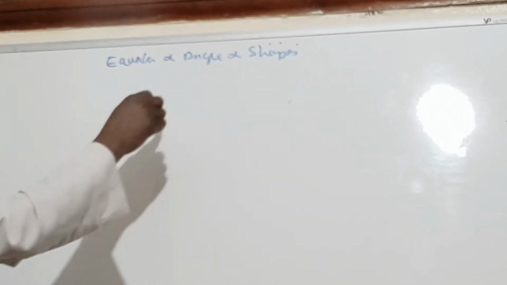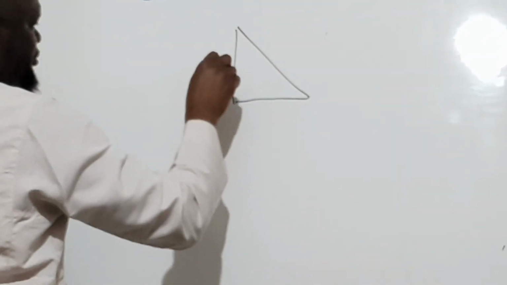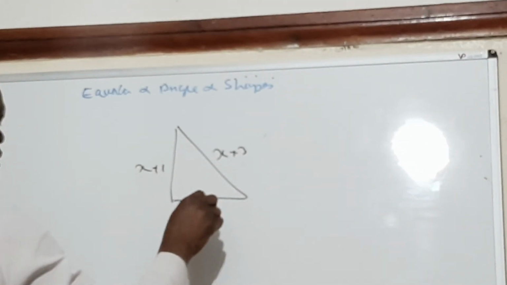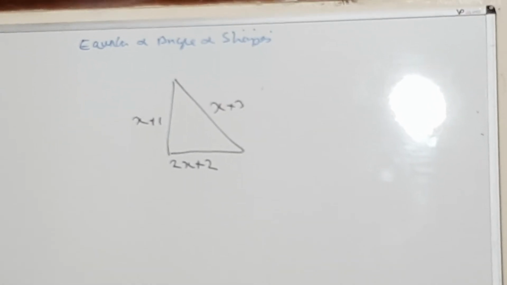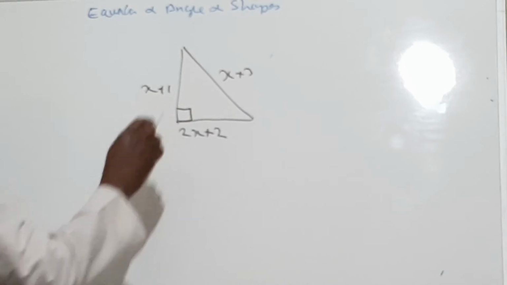Now, you know the question we saw? It says prove that this thing, x plus 1, x plus 3, or x plus 2, 2x plus 6, is a right angle triangle. If it's a right angle triangle, this must be 90 degrees.